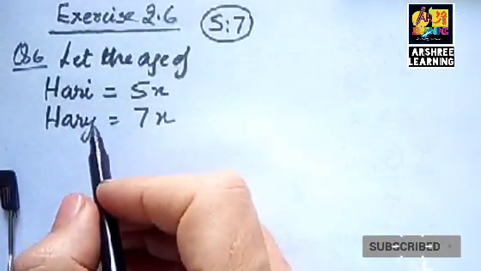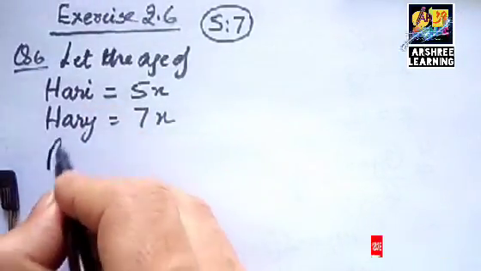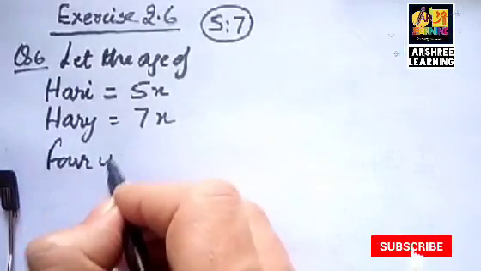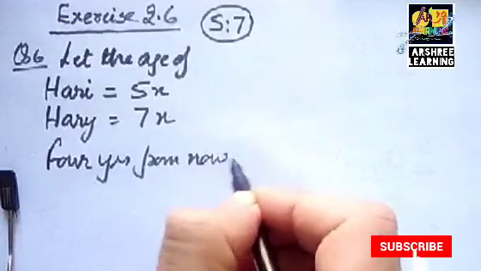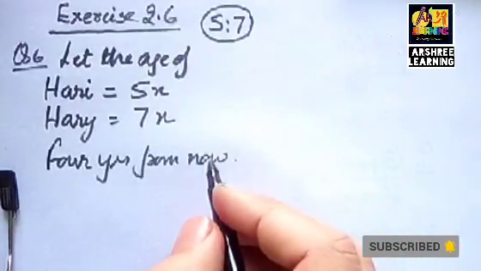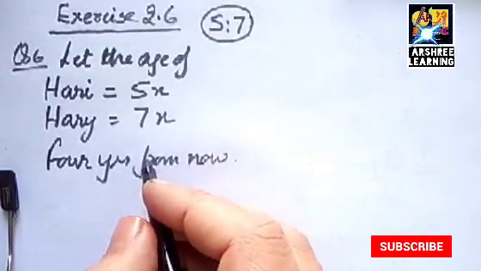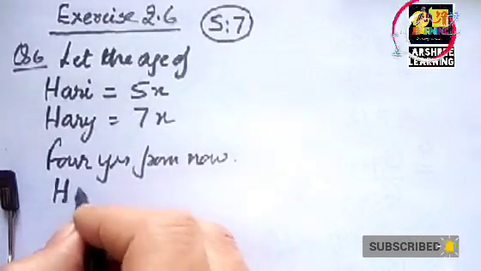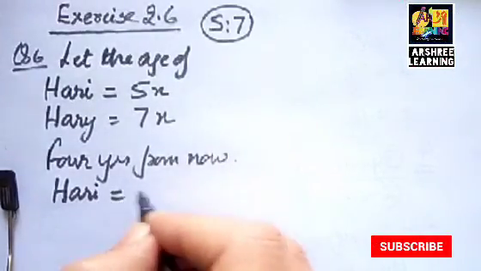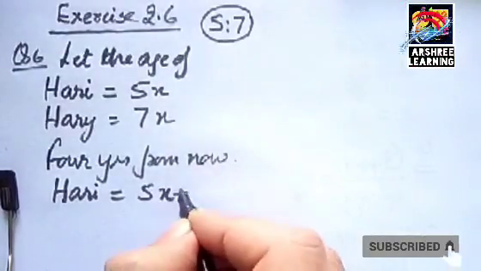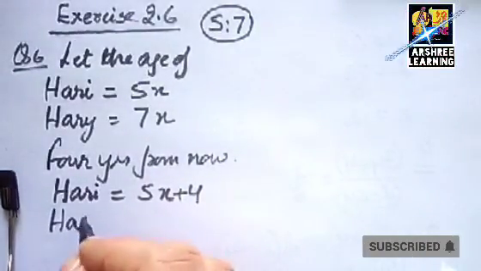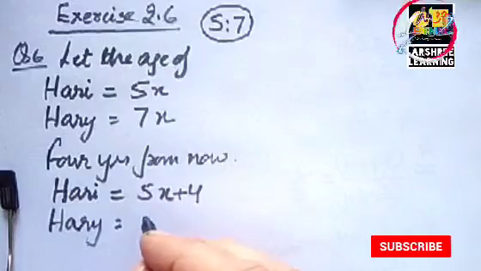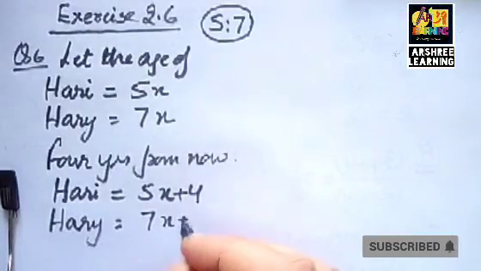Now 4 years from now, it is given 4 years from now. 4 years from now means after 4 years. So after 4 years, the age of Hari will change. Hari will become 5x plus 4 and Harry's age will also be plus 4.